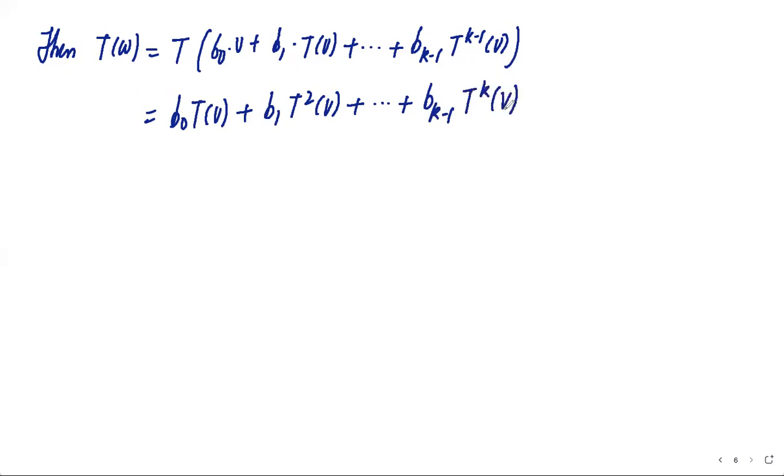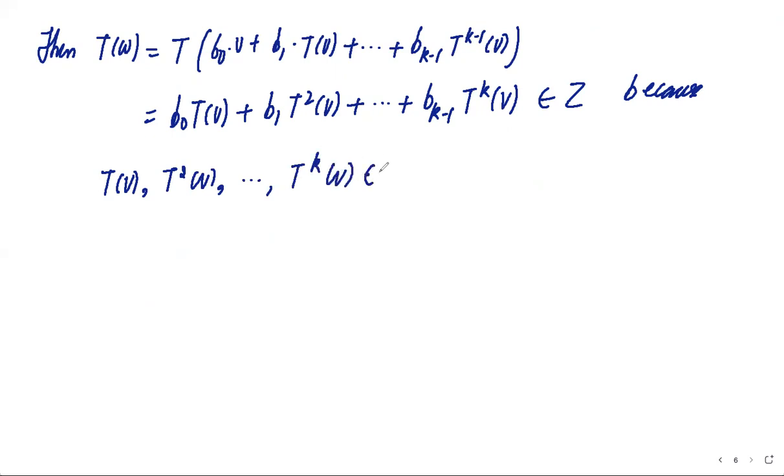But now let's look at these vectors, T of V, T square of V up to T^k of V. They are all vectors from Z. So this element is an element of Z because T of V, T square of V, so on up to T^k of V, are all elements of Z. We already have T of V, T square of V up to T^(k-1) of V as elements from the basis of Z, and T^k of V is also an element of Z, as shown just earlier.